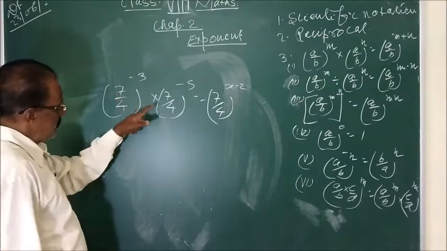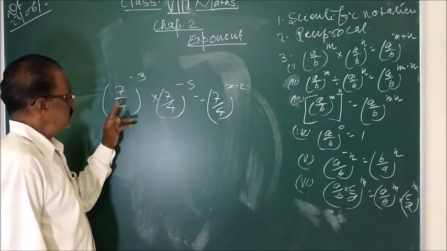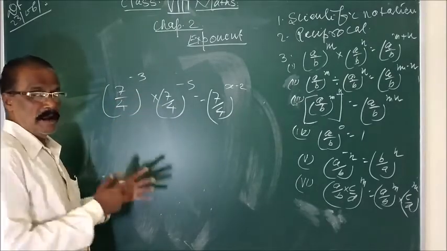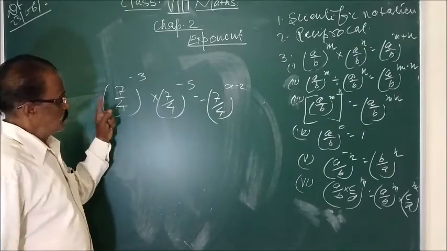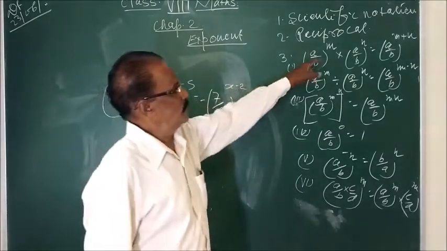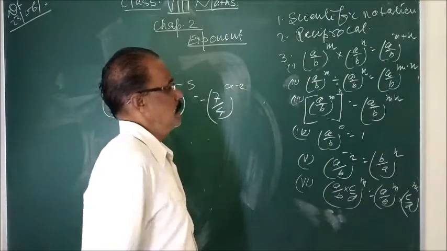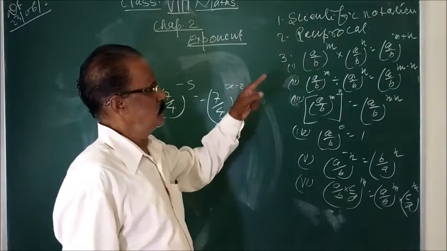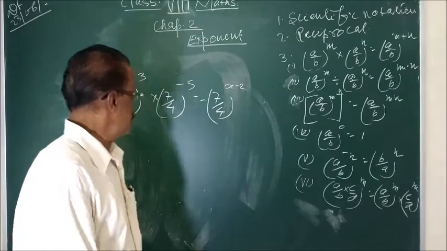Now bases are equal and here is a sign of multiplication. So we will use formula number 1: a by b whole power m into a by b whole power n. Powers are added.